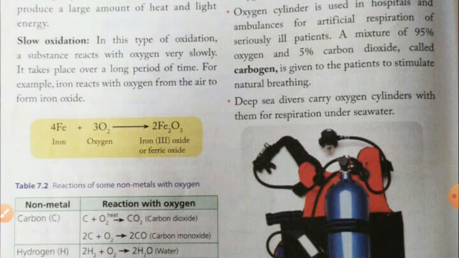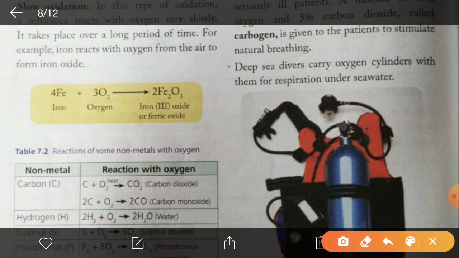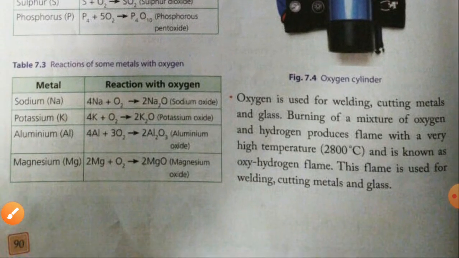After that, you have seen sea divers on National Geographic and in movies. Before diving into the sea, they carry one cylinder on their back. That cylinder is also an oxygen cylinder, used by the sea diver for respiration. Oxygen is also used in welding and cutting metals and glass.